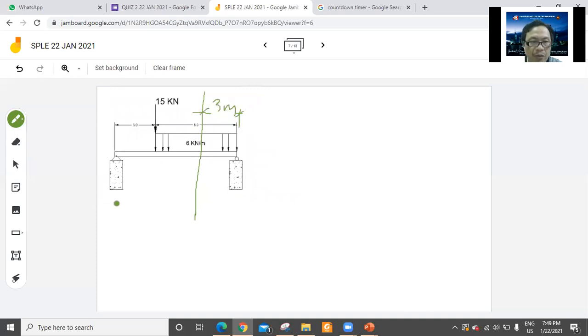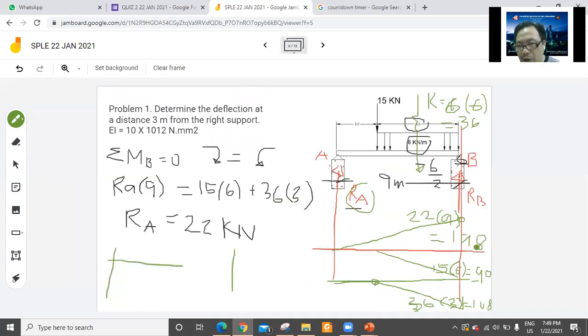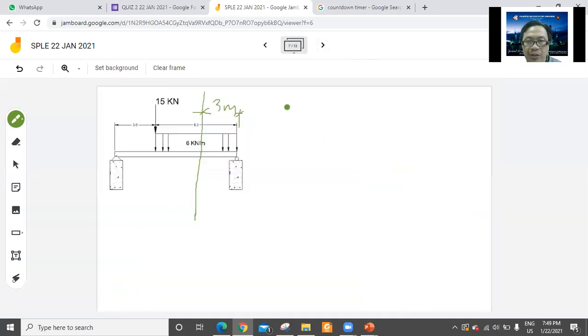We have already calculated this value. So what is the deviation at B? What is now the deviation?